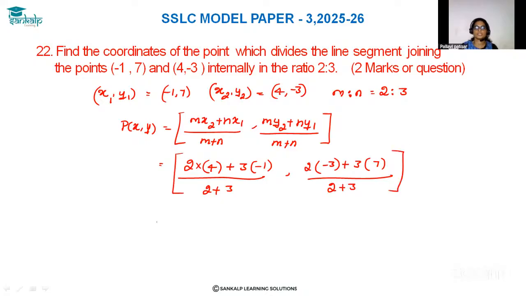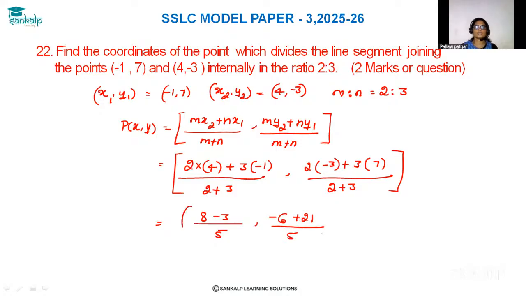So this is equal to, so here 4 2s are 8 minus 3 divided by 5, comma, 3 2s are 6, so minus 6 plus 21 divided by 5.